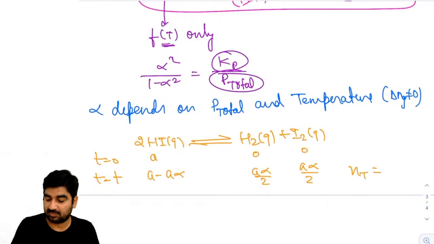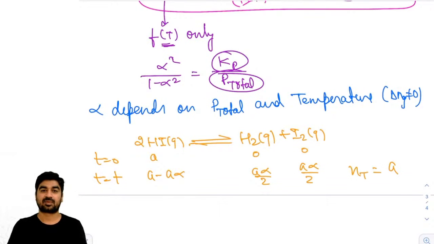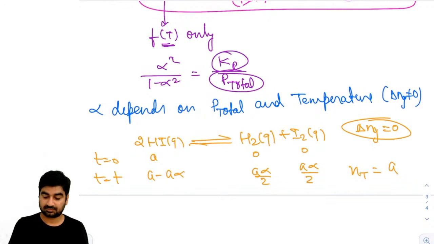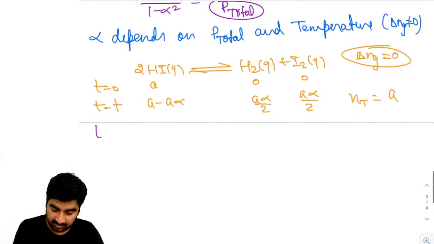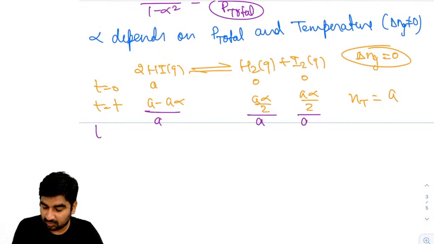So n total will be, just add them, it will be a, because in this reaction, guys, delta Ng is 0. So just solve it now, and on solving, just divide by a. So this is mole fraction into P total.